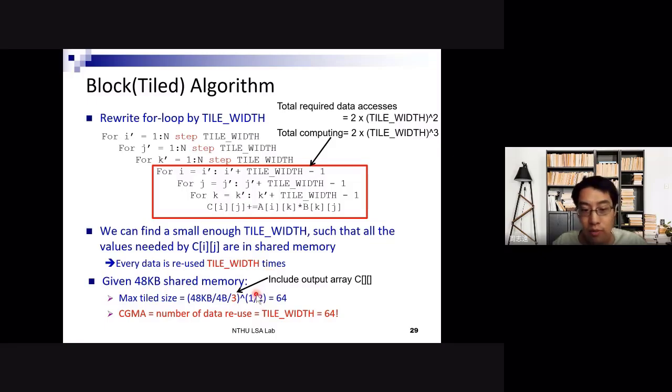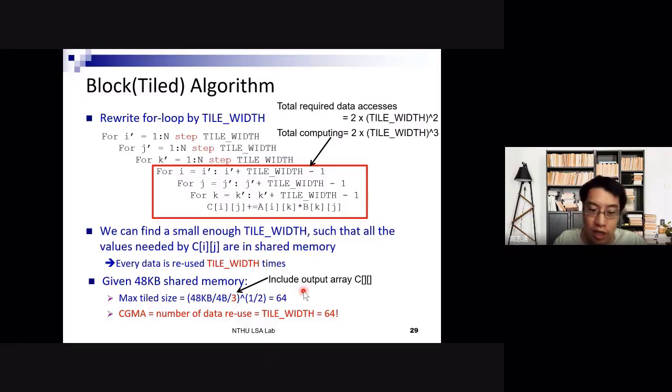For example, if the GPU we have has 48 kilobytes of shared memory per thread block, then we know that the total memory space we need is the tile size squared multiplied by 3, right? Because we need to store A, B, and C on the shared memory.